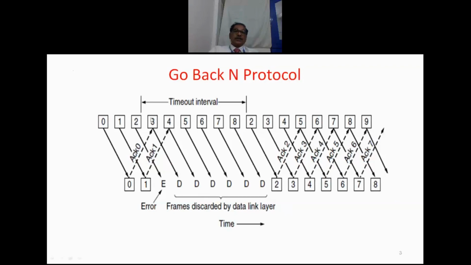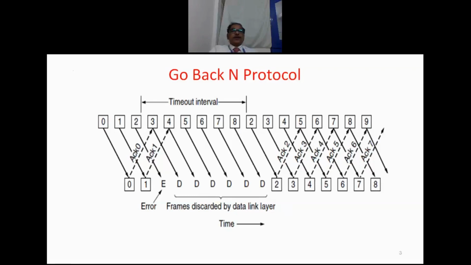Then frame 3 should be stored in memory till it receives the positive acknowledgement. Frame 4 should be stored in memory till it receives a positive acknowledgement. Likewise, whatever frames it has received from the network layer and prepared should be preserved in memory or in buffers. So you should allocate that many buffers.